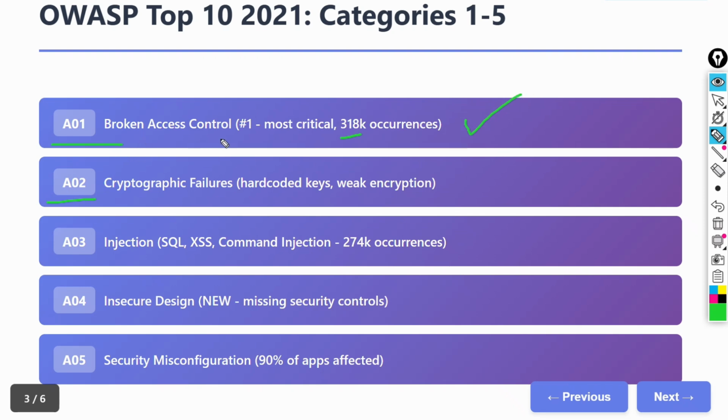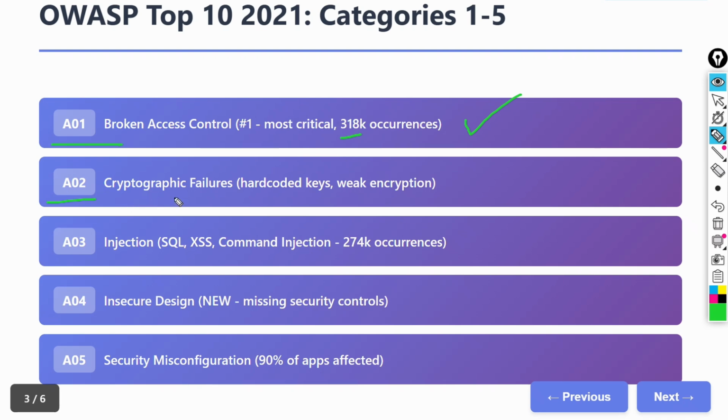You can think of broken access control like this: there is a hotel where whoever enters the hotel also enters directly into the staff room, where only staff are permitted. The doors are not locked properly, so that is the reason they are entering the staff room. That should not be the case, right?